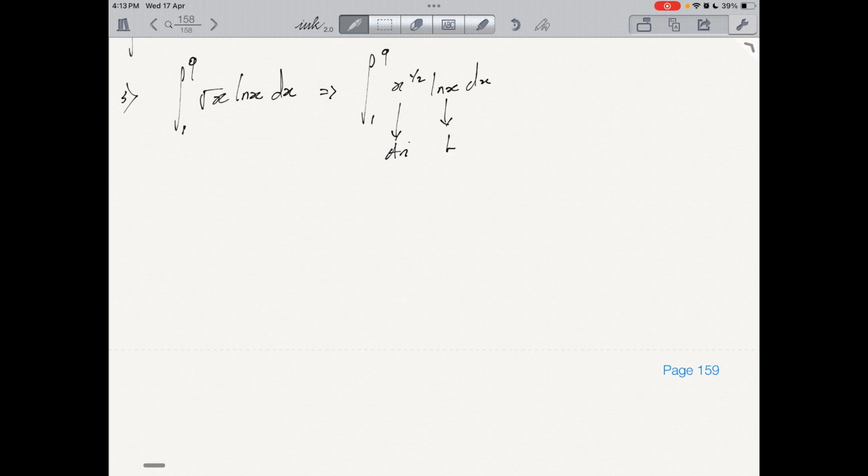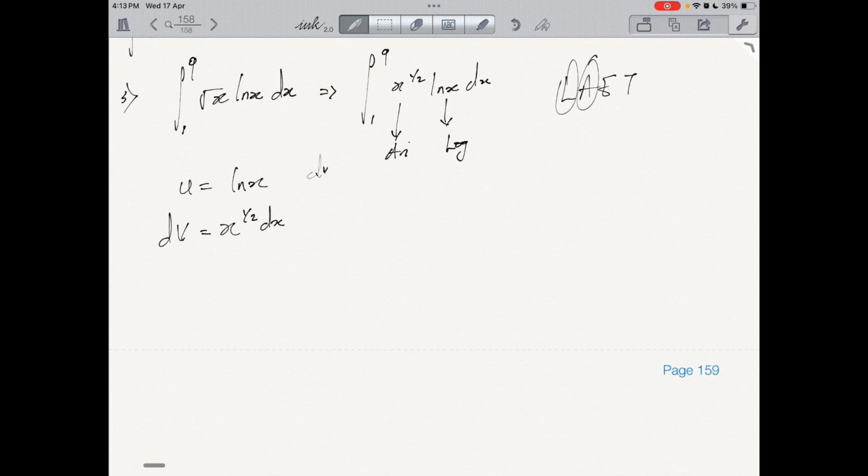Now x raised to power half is arithmetic, ln x is logarithm. So if we compare with LIATE, obviously we know that ln x is equal to u and our arithmetic is equal to dv. So u will be equal to ln x and our dv is equal to x raised to power half dx.